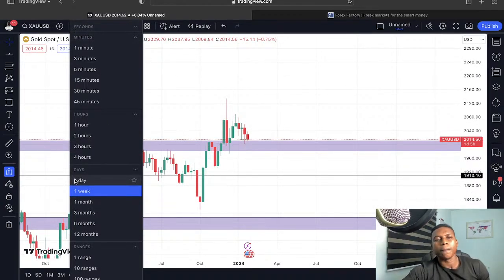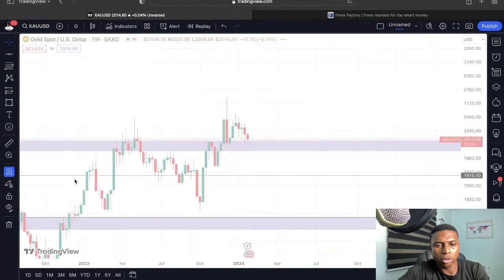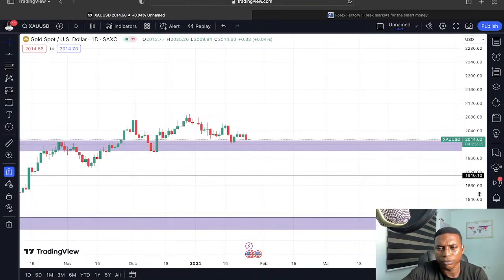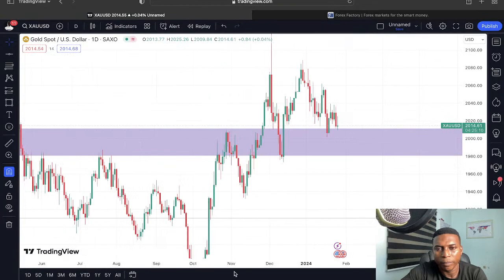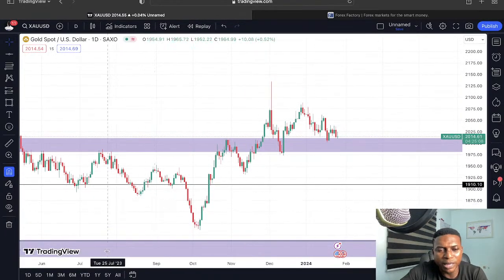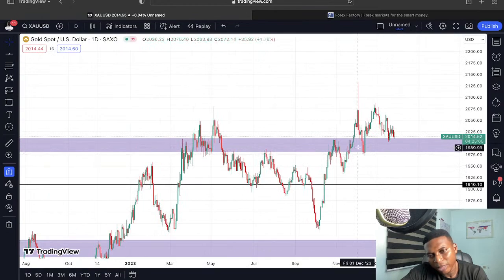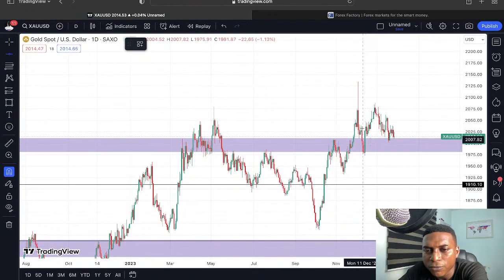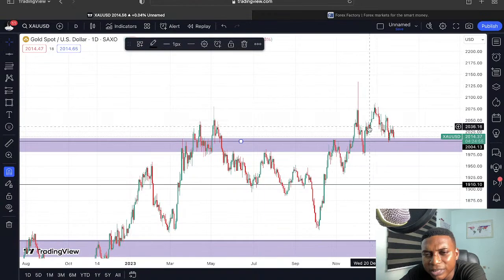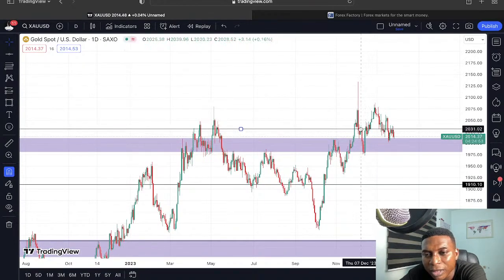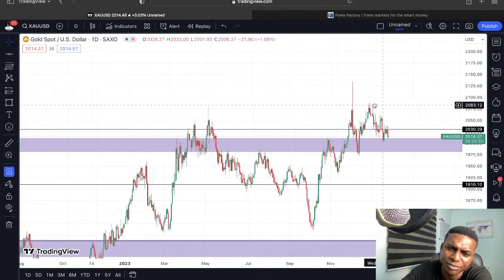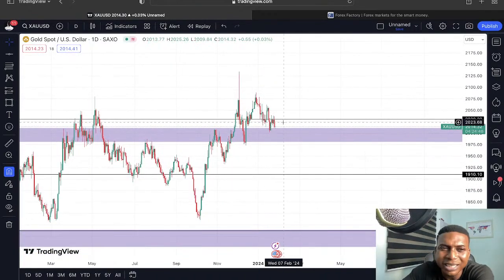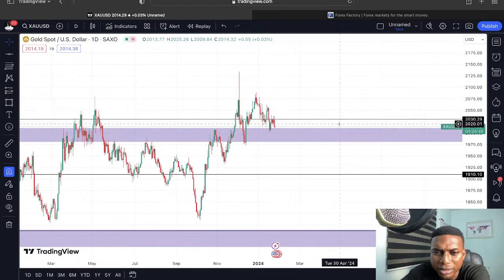Let's go down to the daily time frame. Now on the daily time frame we can see that a breakout has occurred and a retracement has happened. So what do we do from here? For me, I'll be setting a buy order at this level.